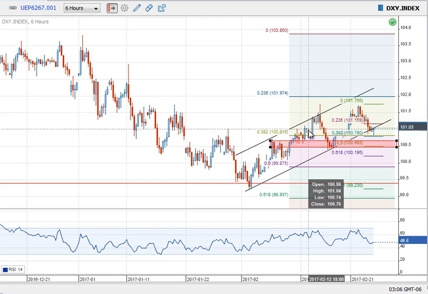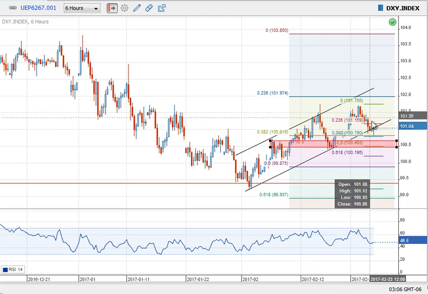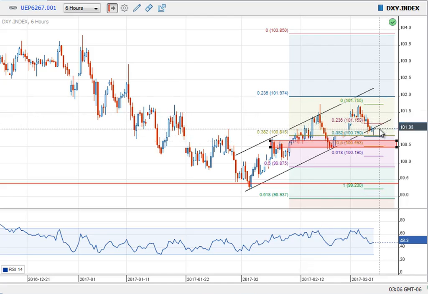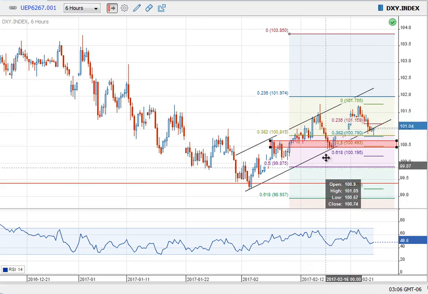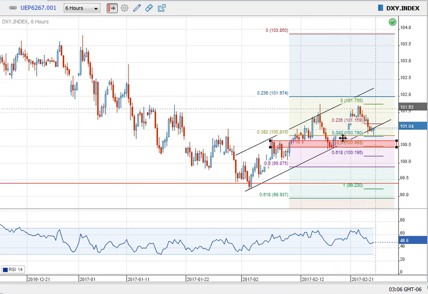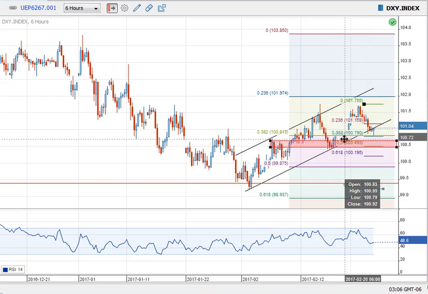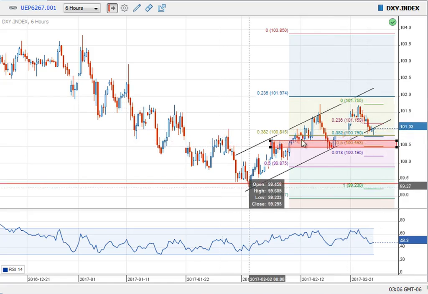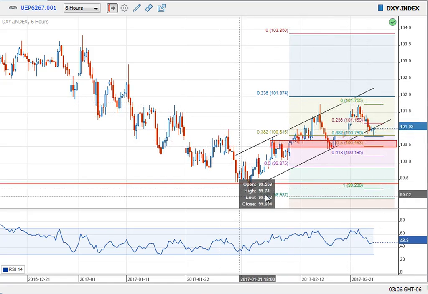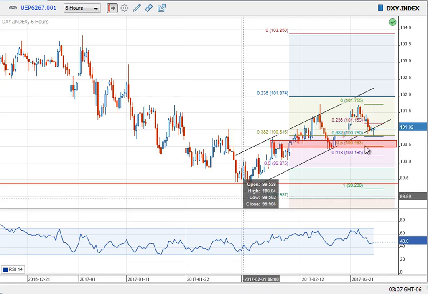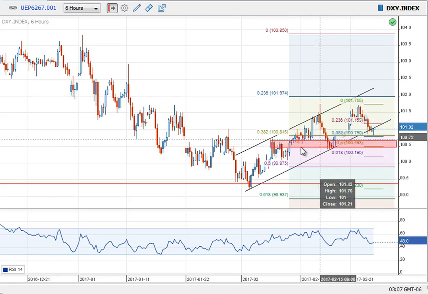We broke it to the upside, and we tested it as support. And right now, because we're breaking this flag, we might also test it as support, and it's actually the 50% retracement of the entire flag. You can see that we have the 100% here, the 0% here, and right here we have the 50 right at this previous base.